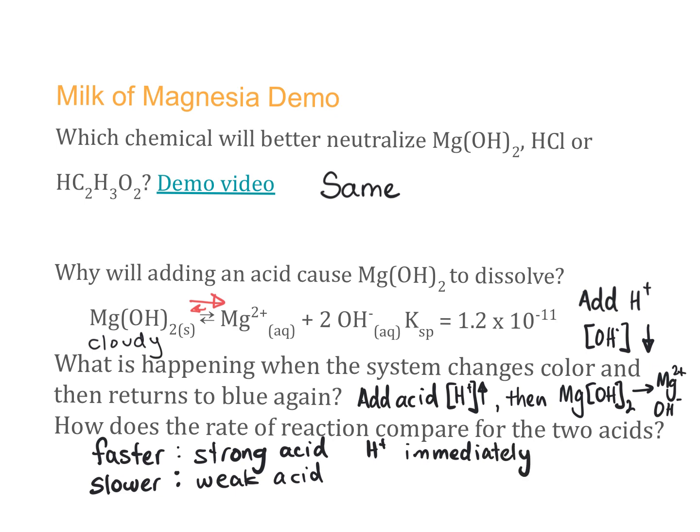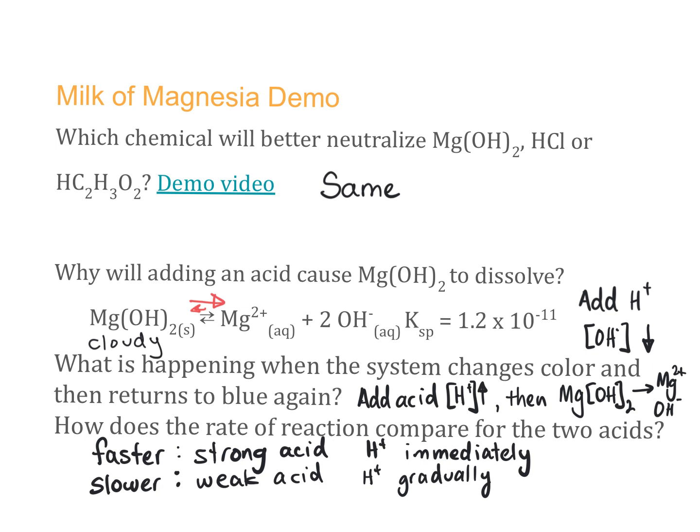On the other hand, with the weak acid, when you put it in, you get a little bit of H+, but you have to gradually, like, a little bit of H+ comes off the acetic acid and reacts with hydroxide. Then, as that H+ gets used up, then a little bit more acetic acid will lose its H, and again, you'll have the neutralization of hydronium and hydroxide.